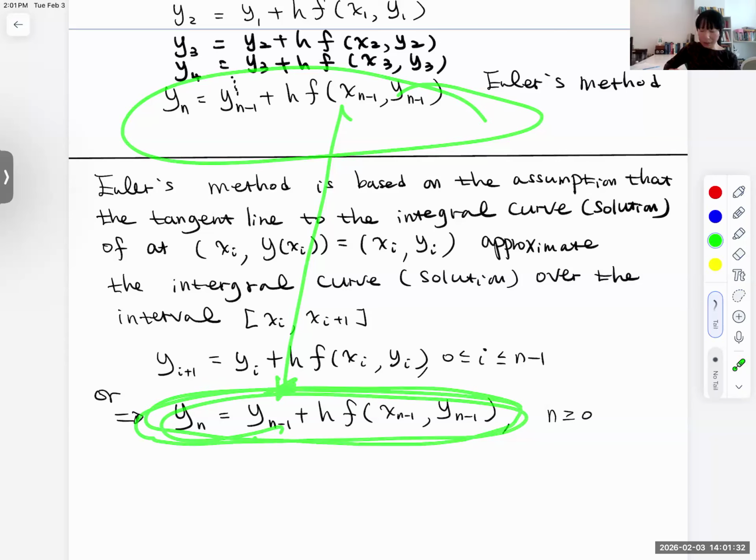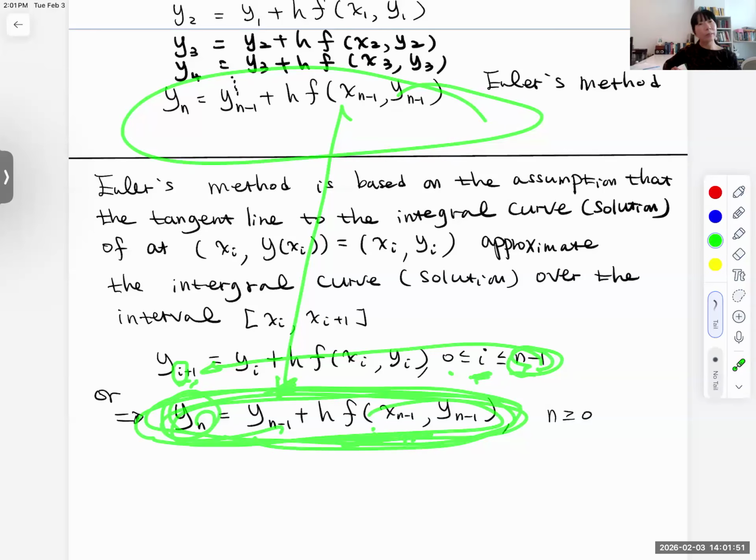Or we can express it using i plus 1, where i is between 0 and n minus 1. If we plug in n minus 1 here, then we get the same answer as this. Is it clear for you?